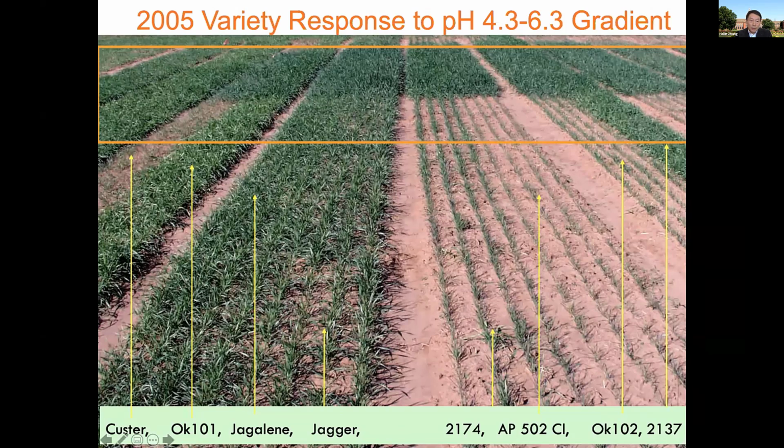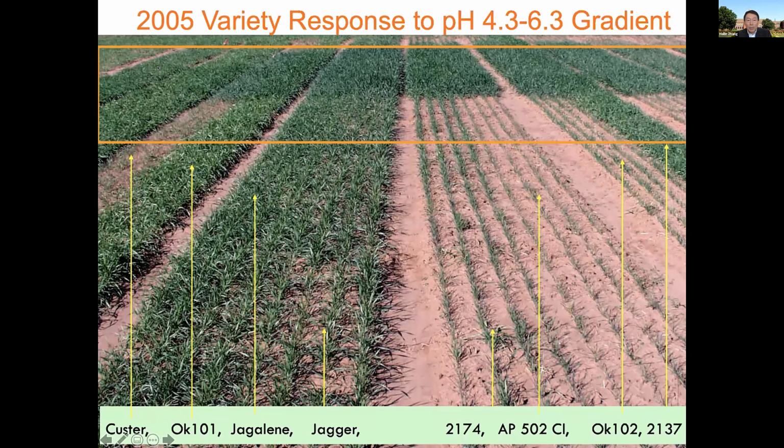Some tolerate acidity much better than others, like Jagger and Jagalene, they perform much better. Some probably don't do very well, like this one, AP502CL. It's just very obvious, right? But it doesn't matter what cultivars you have.